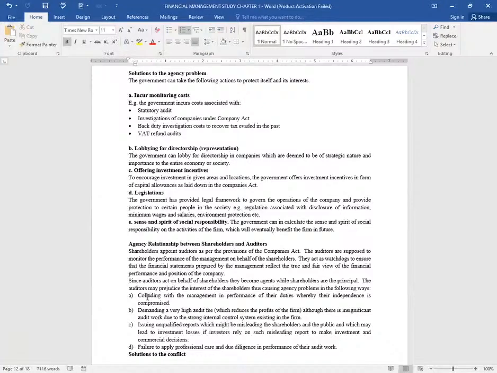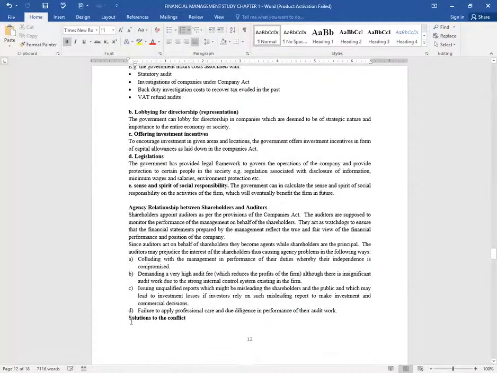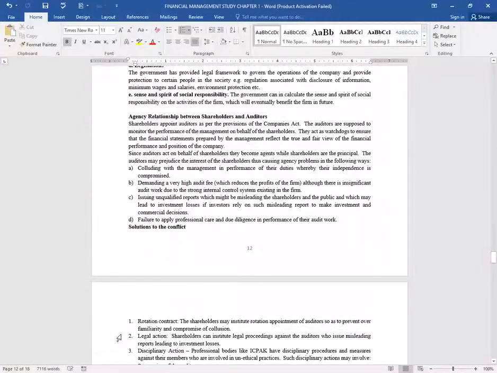Because, of course, when we pay you highly, we shall be reducing our profitability. Issuance of wrong reports. For example, you decide just to issue unqualified reports and we know that things on the ground are not right, then that will be a potential area of conflict. We have D, failure to apply professional care and due diligence in the performance of the audit work. That can really put us into conflict.